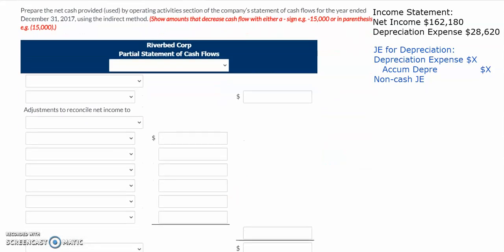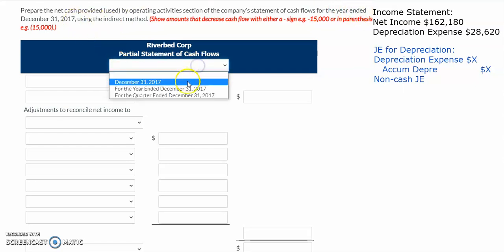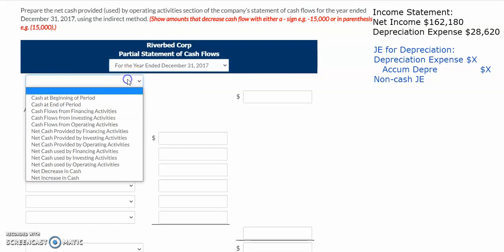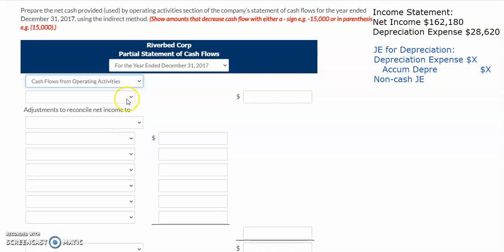In this problem, we're told that we're going to prepare the operating activity section for the year ended December 31st using the indirect method. So I'm going to select the year, and I'm going to start off with my cash flows from operating activities.